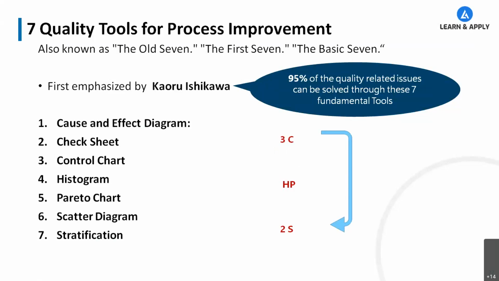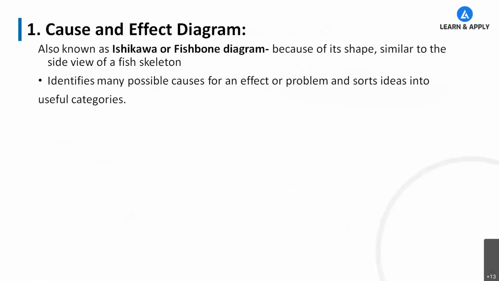Now let's see one by one what these tools indicate, what is the power of these tools, and where they can be used. The first is the cause and effect diagram, also called the Ishikawa diagram or fishbone diagram. It is called fishbone because of its shape, similar to the side view of a fish skeleton.